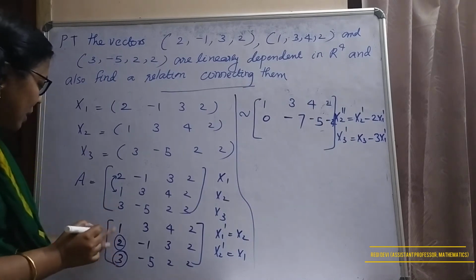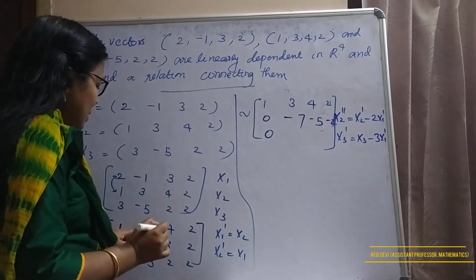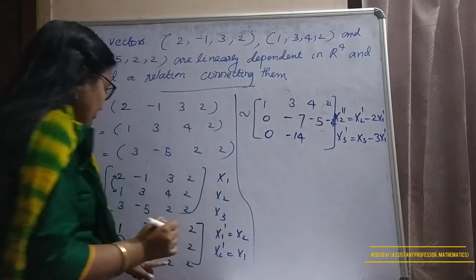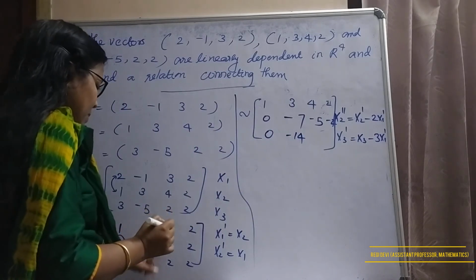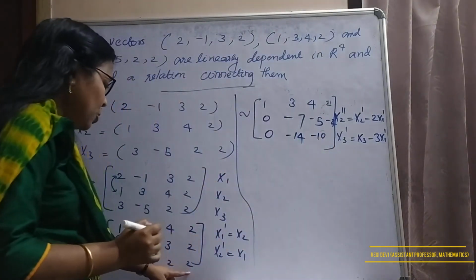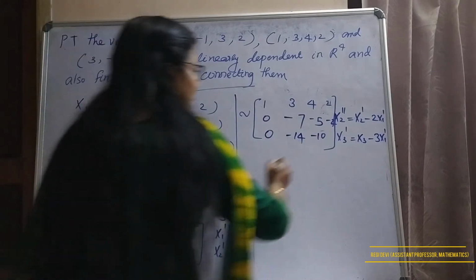That is 3 minus 3 times 0, minus 5 minus 9, minus 14, then 2 minus 12, minus 10, then 2 minus 6, minus 4.